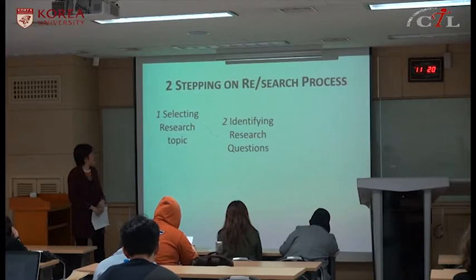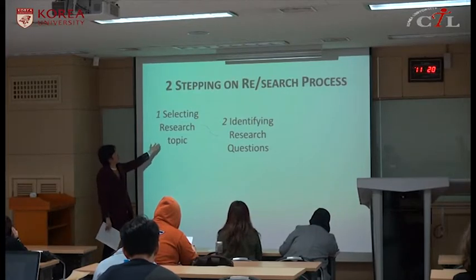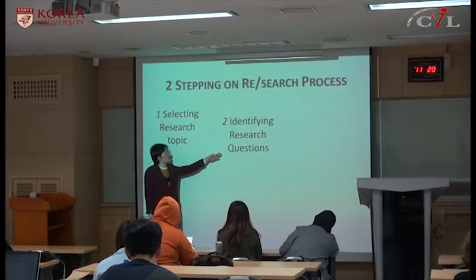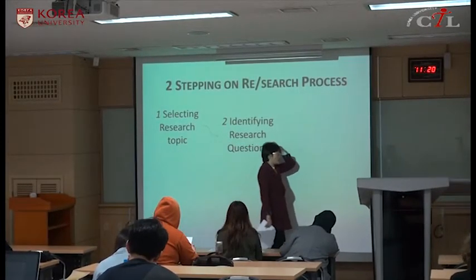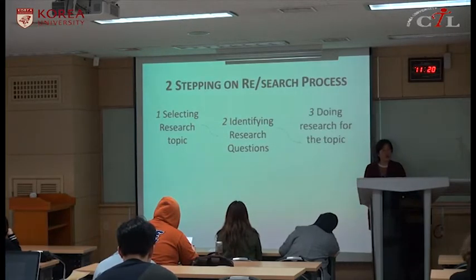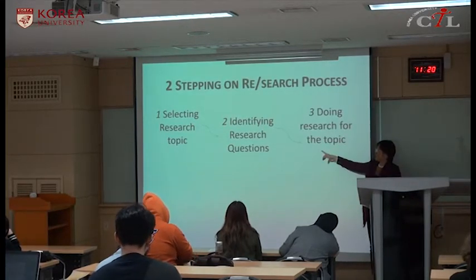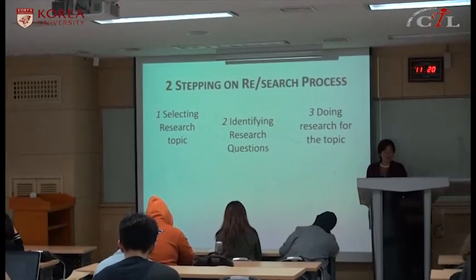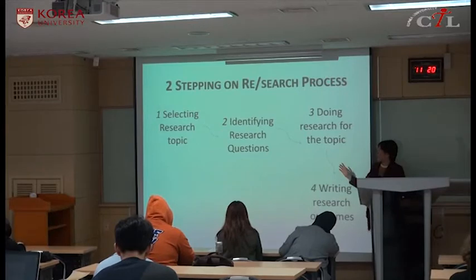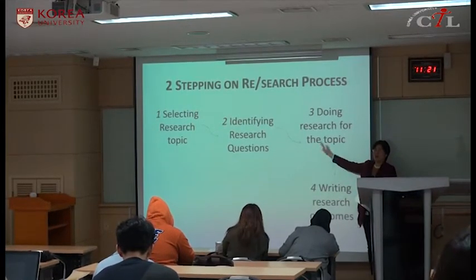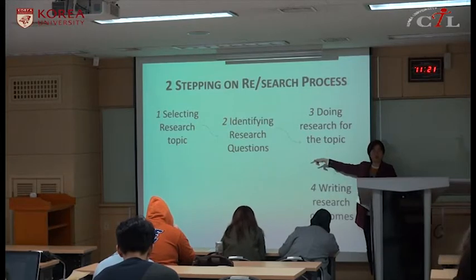So you have to be guided through the research process and to identify your research questions. And then you do the research for the topic to answer the research questions. And then you write the research outcomes, what you have found out for the research questions.